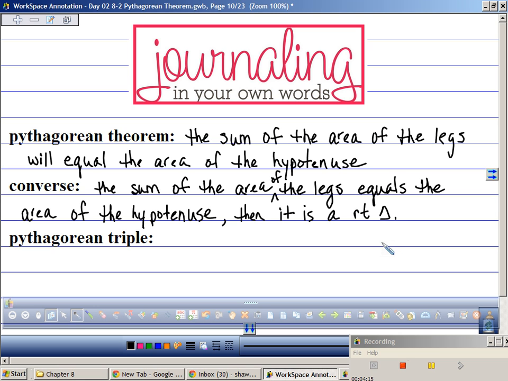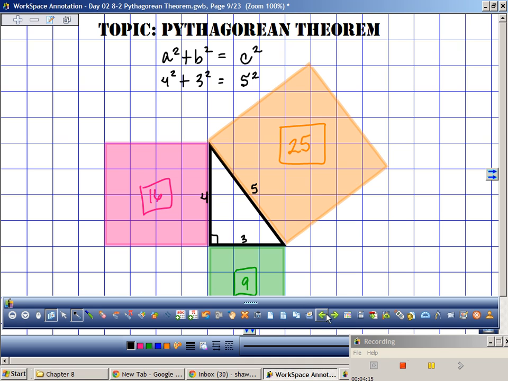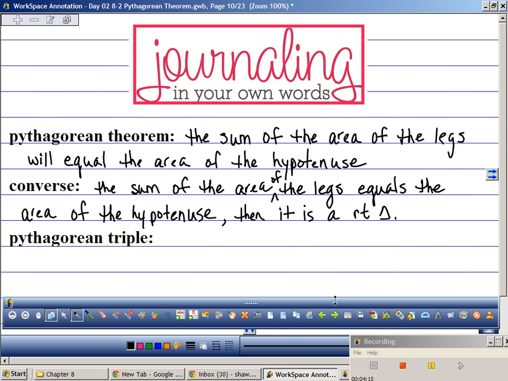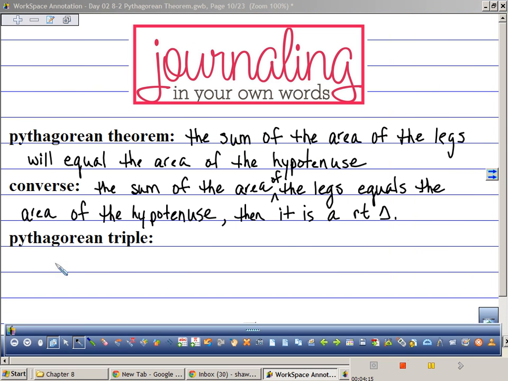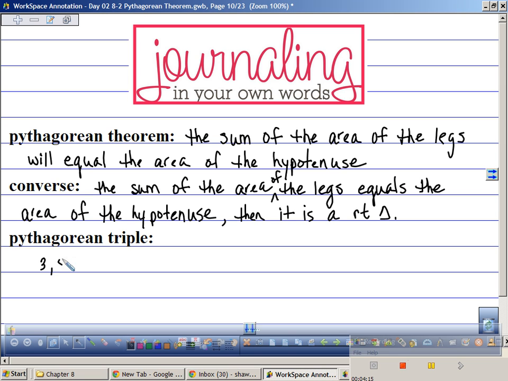What's a Pythagorean triple? Remember the numbers I put up on the board? We just had one. Isn't that a Pythagorean triple? 3, 4, 5? So Pythagorean triples can be, the most basic is 3, 4, 5. What would be the next?